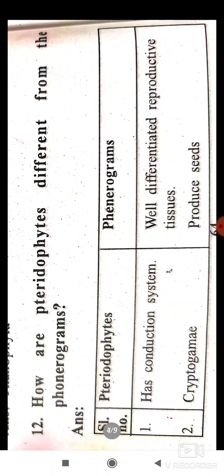Here, Thallophyta. So how are pteridophytes different from the phanerogams? Pteridophytes have a conduction system and phanerogams have well differentiated reproductive tissues. Cryptogams do not produce seeds, and phanerogams produce seeds. So how do gymnosperms and angiosperms differ from each other?